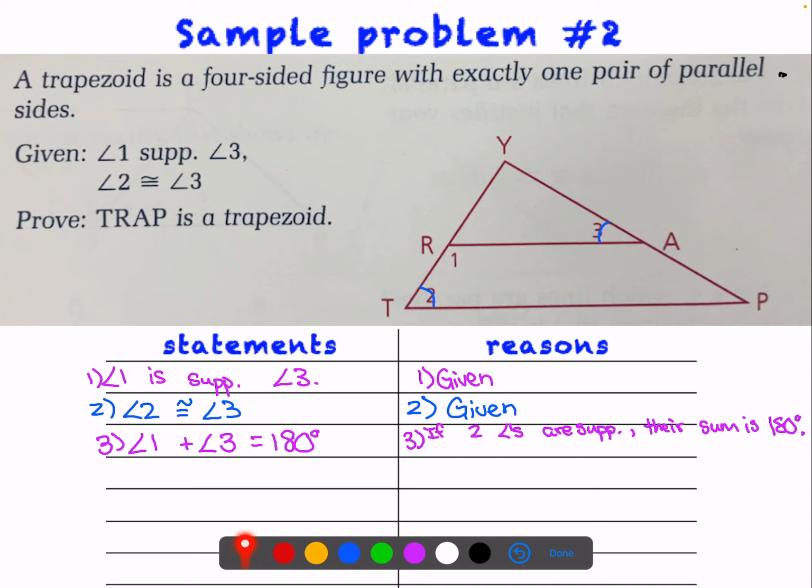So I now know angle 1 plus angle 3 is equal to 180, but angle 2 and angle 3 are congruent. So would I be able to replace angle 3 with angle 2? Well, yes. So let's go ahead and do that. We now have, for number 4, angle 1 plus angle 2 is equal to 180 degrees. And all we did here was substitution.